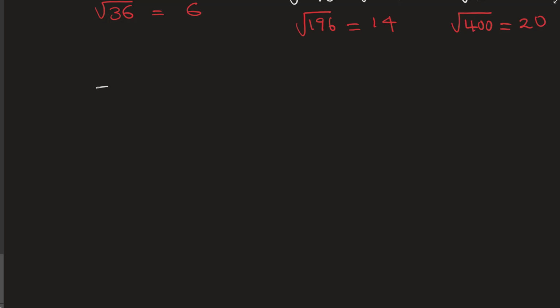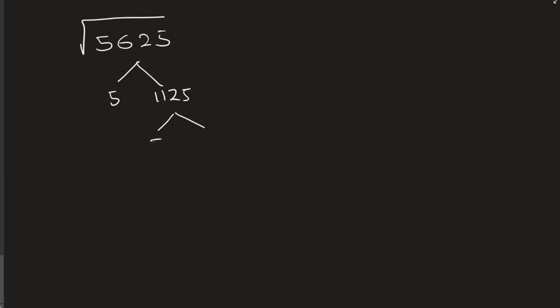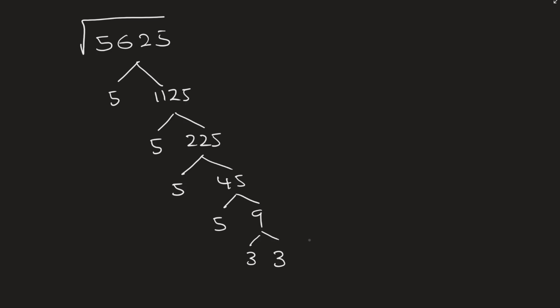Now we can get a bigger number too, but it's not that helpful. It's hard to do this kind of math without a calculator, but let's look at it now that you have a calculator, right? So 5625 is 5 times 1125, and that one is 5 times 225, and that's from 5 times 45, right? And then 45 is 5 times 9, and 9 is 3 times 3. Now we can write this.